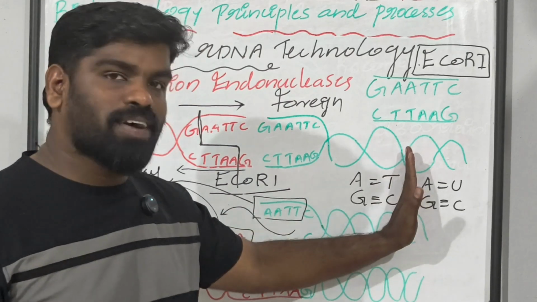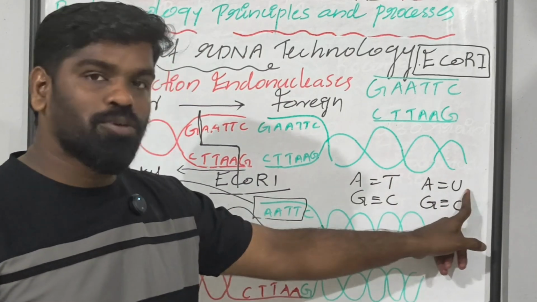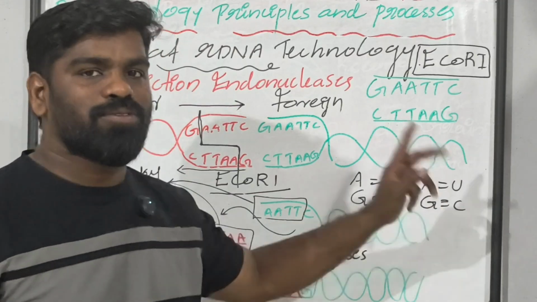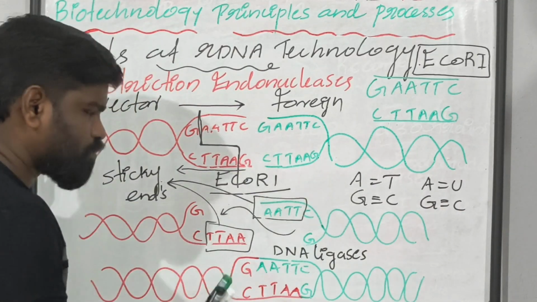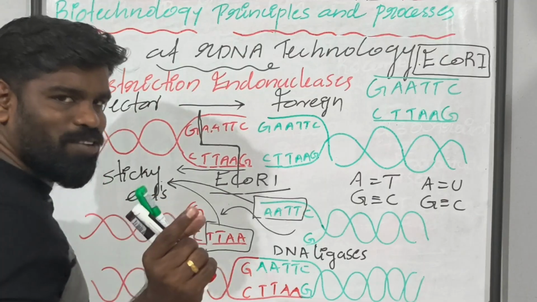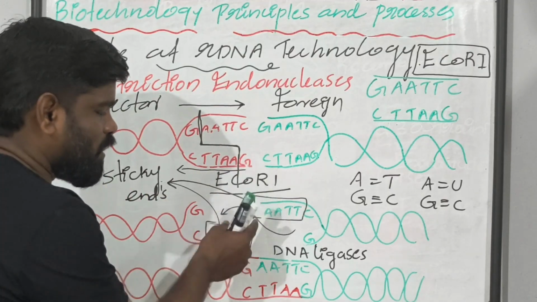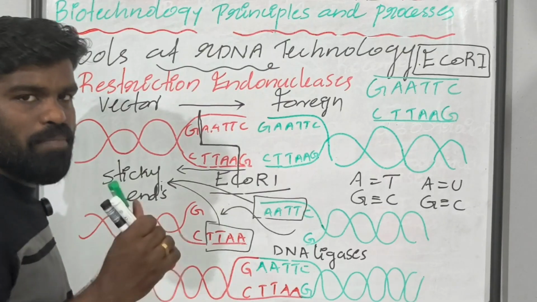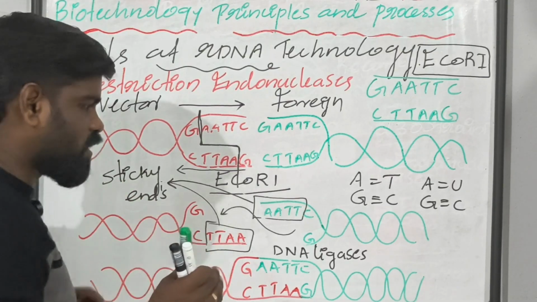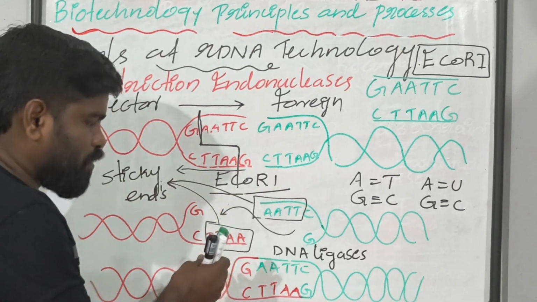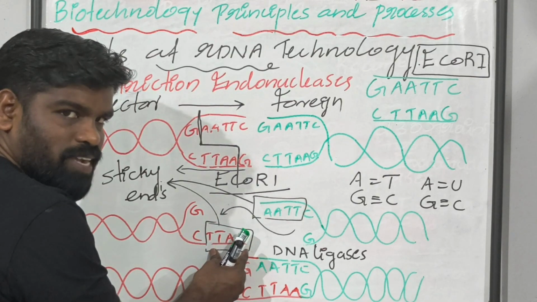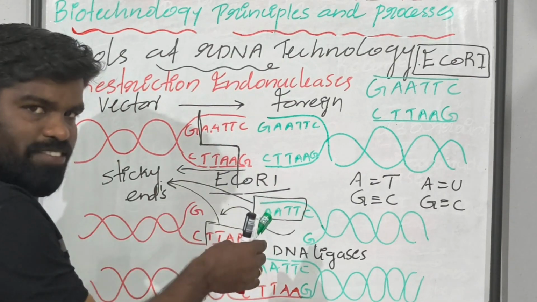In the case of RNA, adenine pairs with uracil with 2 hydrogen bonds, guanine pairs with cytosine with 3 hydrogen bonds. As I have already told you, EcoRI will cut the DNA a little away from the center, but between the two bases of opposite strands, and here it will leave a sticky end, a single stranded portion or overhanging structure.